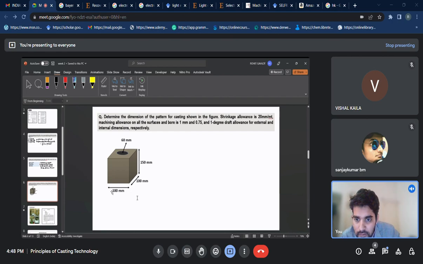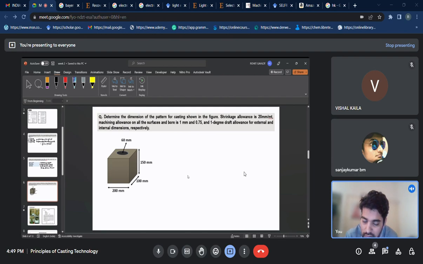Firstly, the shrinkage allowance: we have already solved two problems, so it can be done easily for each side. I think I have the answers for the 200 mm side, 100, 150, and the 60 mm side.